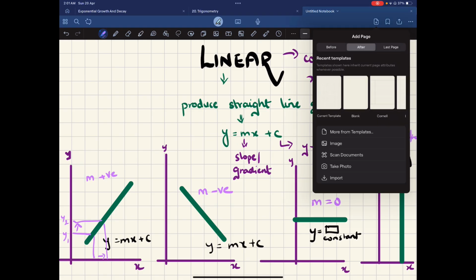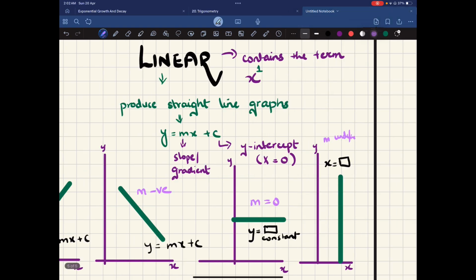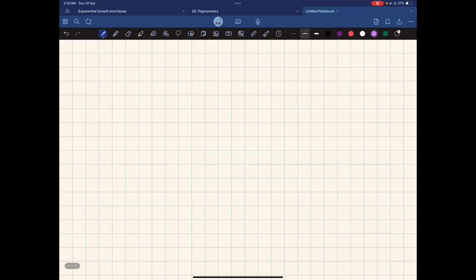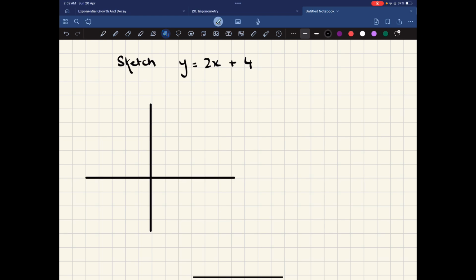Okay, now let's get to sketching. This was a quick recap of coordinate geometry. So if they give you a line, sketch y equals 2x plus 4. Okay, so what are you going to do? To sketch, you first need to draw your axes, y and x.